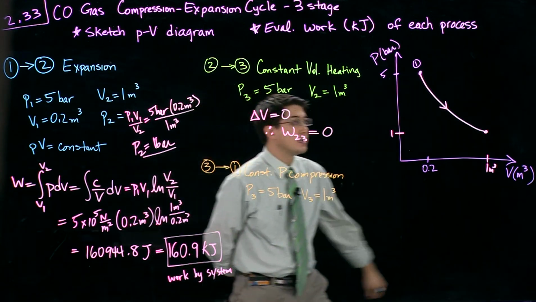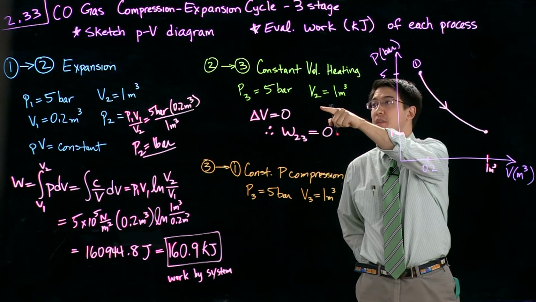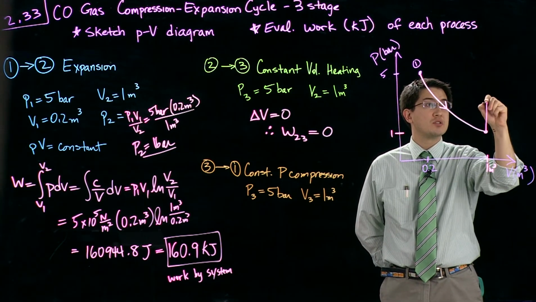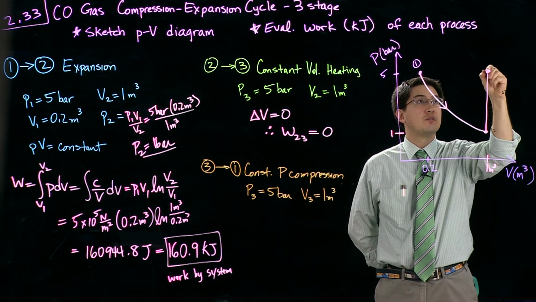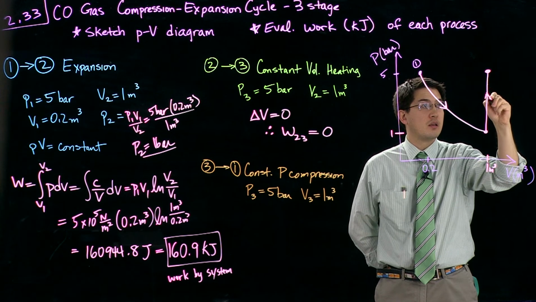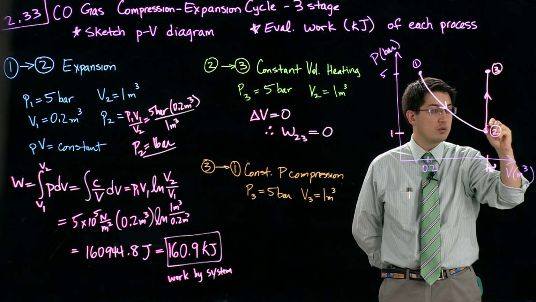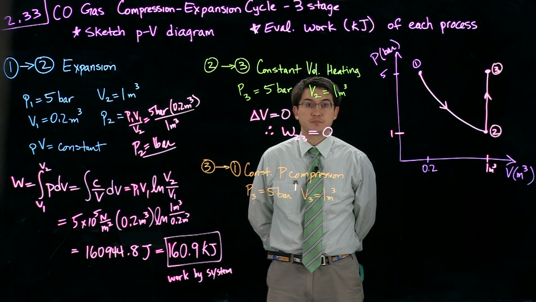We can go ahead and fill this in. From 2 to 3, there's no change in volume. We know that the final pressure is 5 bar, which is up here. So we're just going to go straight up till we hit 5 bar. This is state 3. This is state 2. That's what that one looks like.